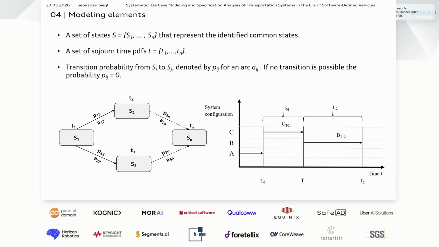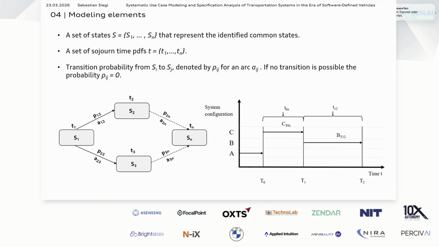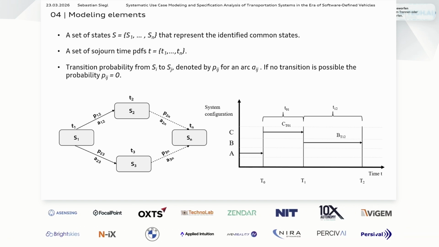These are modeling elements that you can use after you have done this sequence. Of course, you identify logical states that describe how your interaction can be mapped, and how your different exchange between the functions can be mapped.